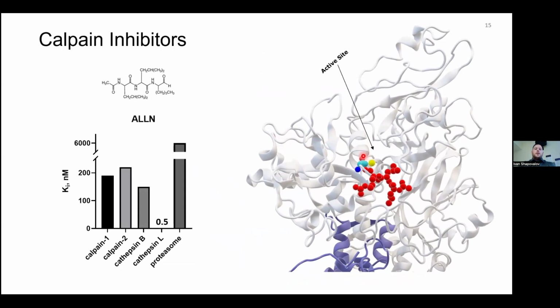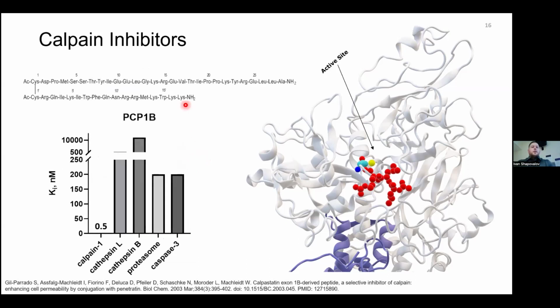One major benefit of that kind of inhibitor is they tend to be fairly effective against both Calpain-1 and Calpain-2, but because of homology of the Calpain active site residues with other cysteine proteases, this kind of inhibitor tends to also inhibit other cysteine proteases, for example, cathepsins, and in this case, also proteasome to some extent.